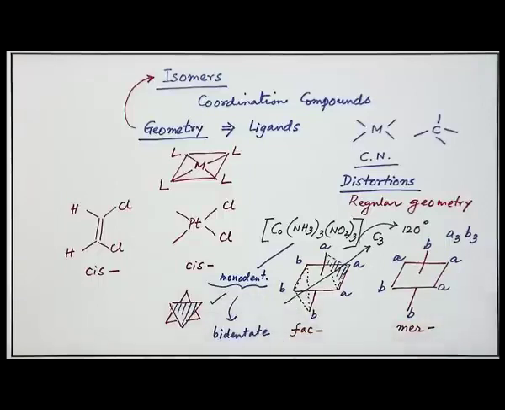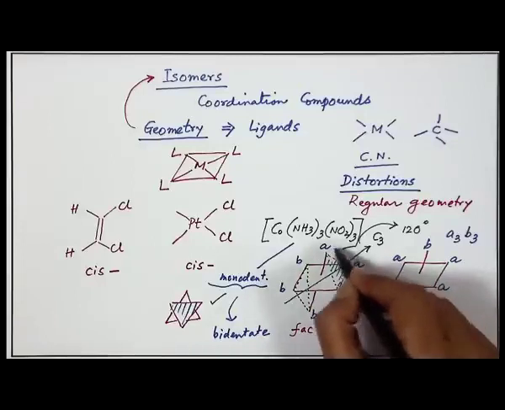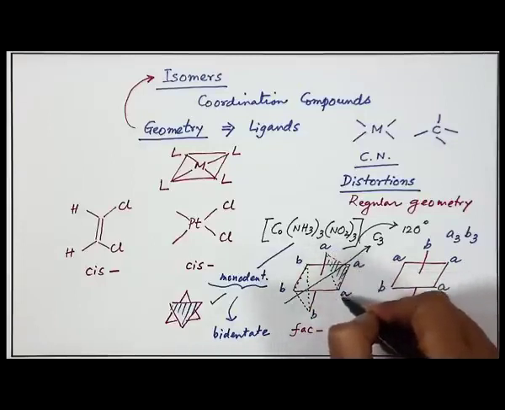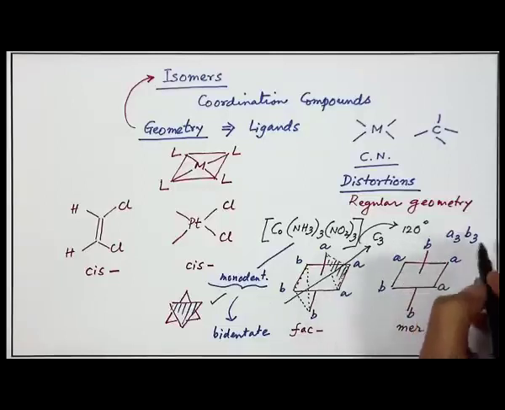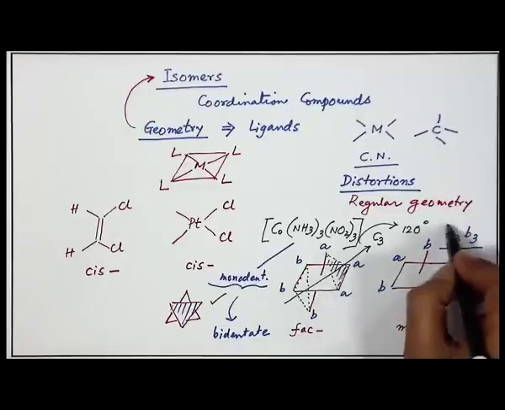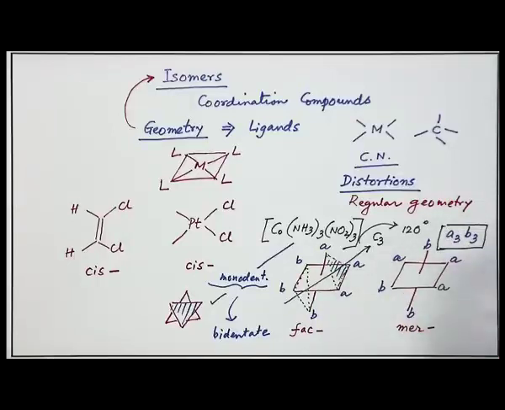What will happen if we go for this bidentate ligand? Can we connect these A and A, or get some idea about the B's also, and can we have an arrangement where two different types of ligands are required or not?